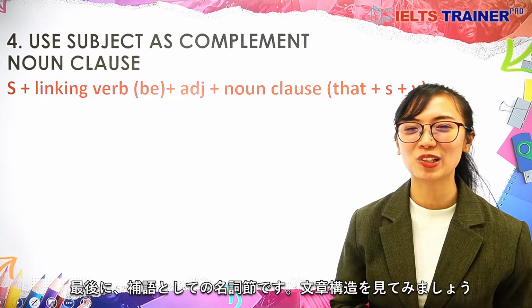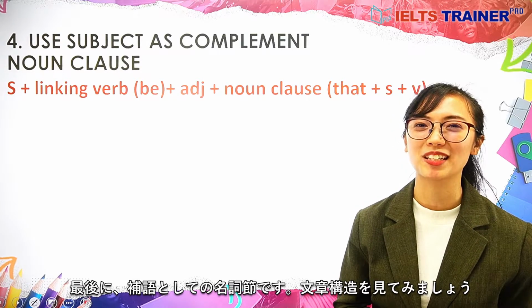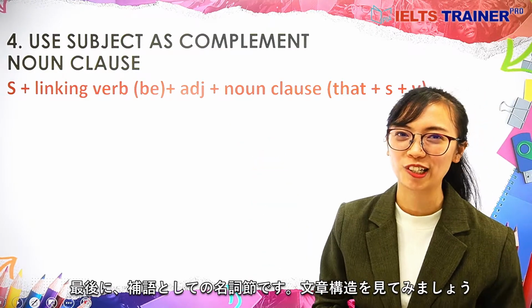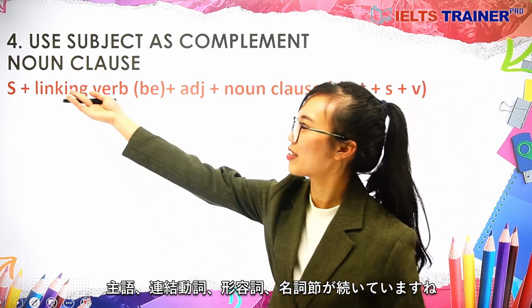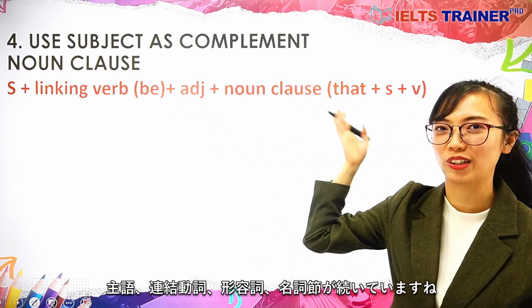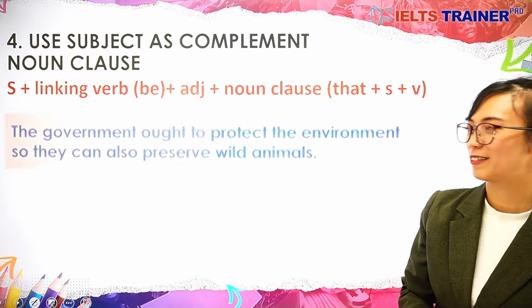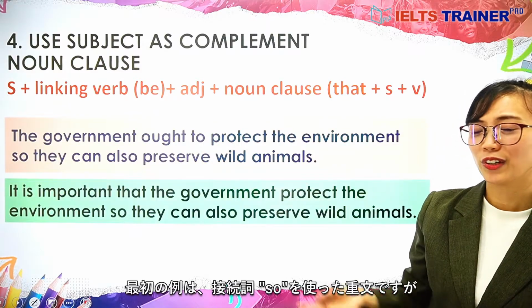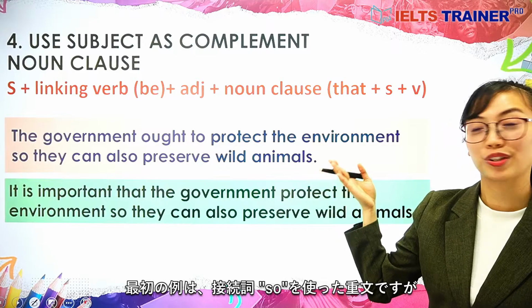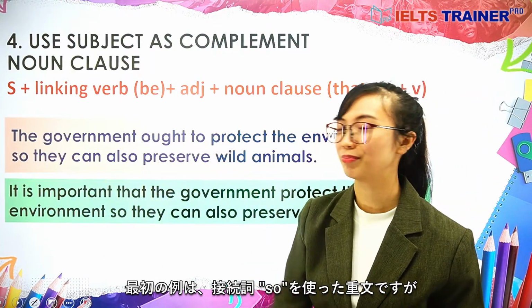Lastly, let's use the subject complement noun clause, and let's observe this sentence structure. We can see that there is a subject, linking verb, adjective followed by the noun clause. The first sample is a compound sentence using the conjunction so.